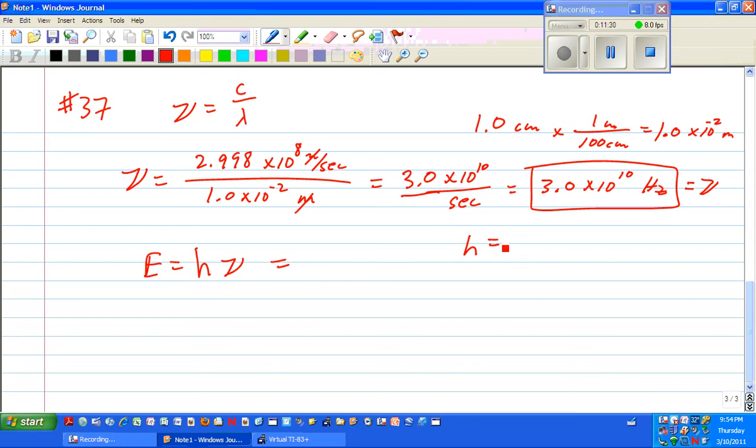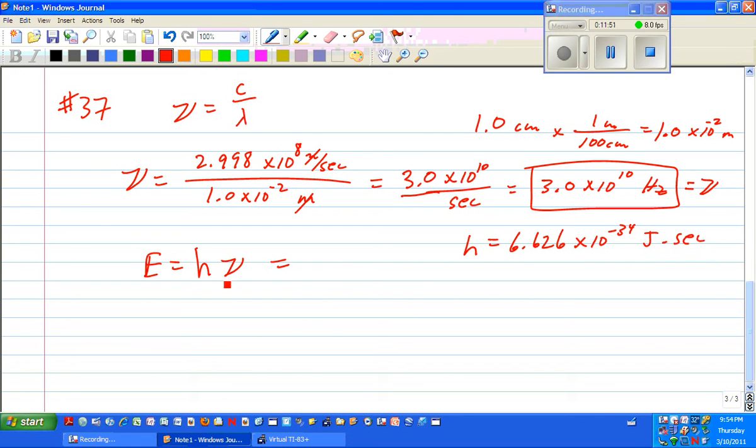Remember, h is Planck's constant, which is 6.626 times 10 to the negative 34th joule seconds.